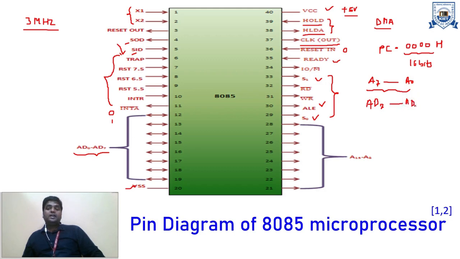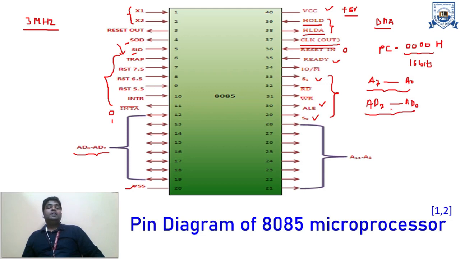So how can we identify whether this 8 bits information contains the address information or the data information? Because I earlier told you that at the same time it doesn't contain both. For some particular time that 8 bits will be considered as address bits, and for another time that 8 bits will be considered as data bits.